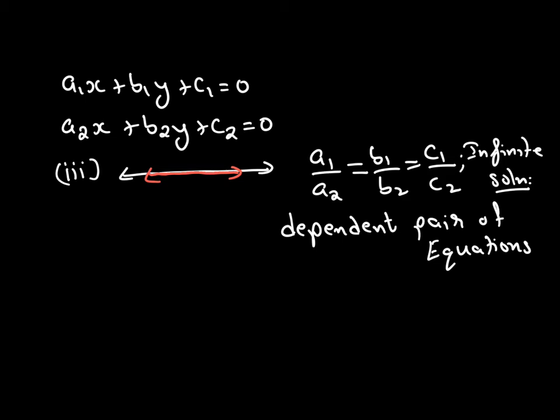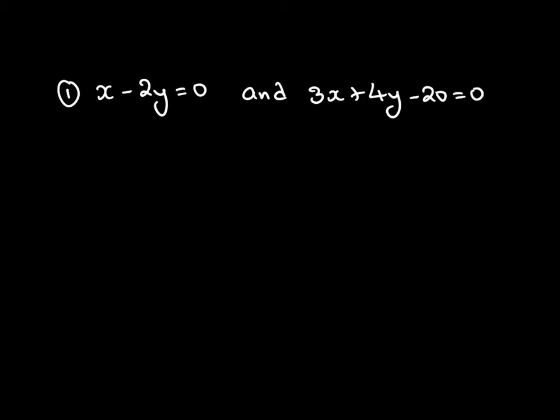So the three cases can be determined either algebraically or graphically. Let's take some examples and check our results. Let's look at this example. We have a pair of linear equations, x minus 2y equal to 0 and 3x plus 4y minus 20 equal to 0.